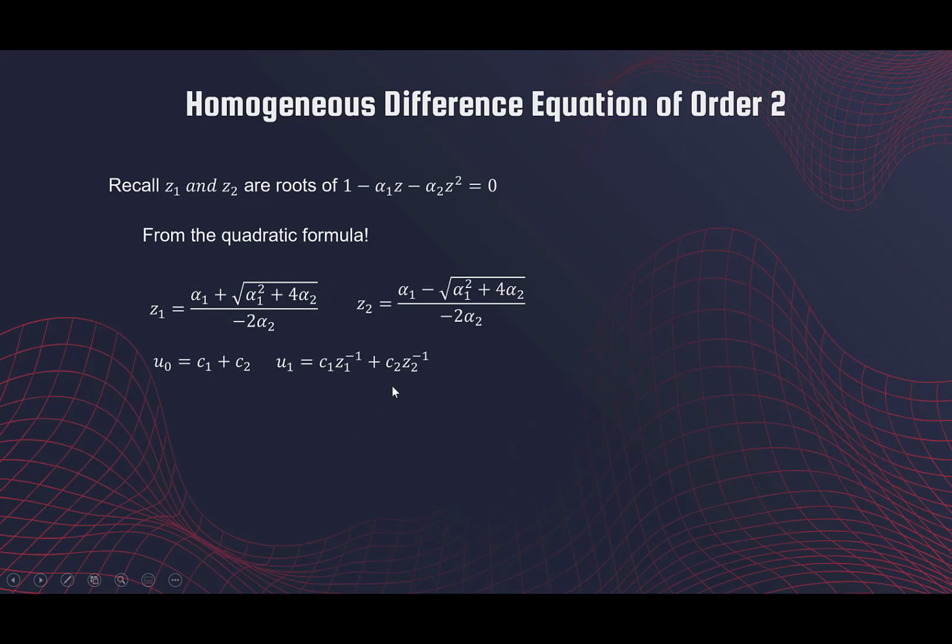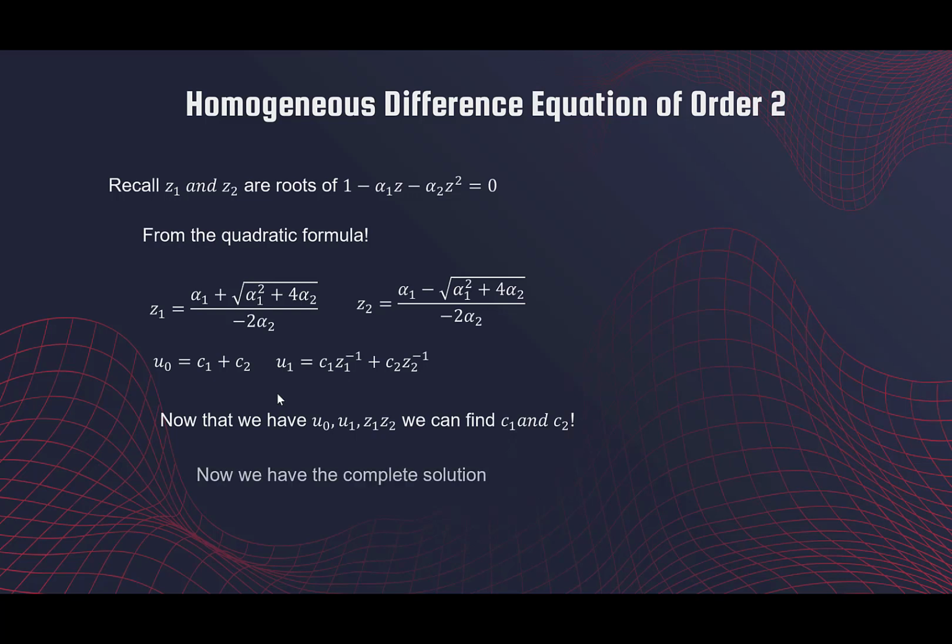Once we have these numbers, we can plug into these equations, and then we know U0, we know U1, we know Z1 inverse, Z2 inverse, and now we can solve these to find out C1 and C2. Okay, so with this we know exactly what the general solution to this difference equation of order 2 is. So we have determined all the different components of this solution.